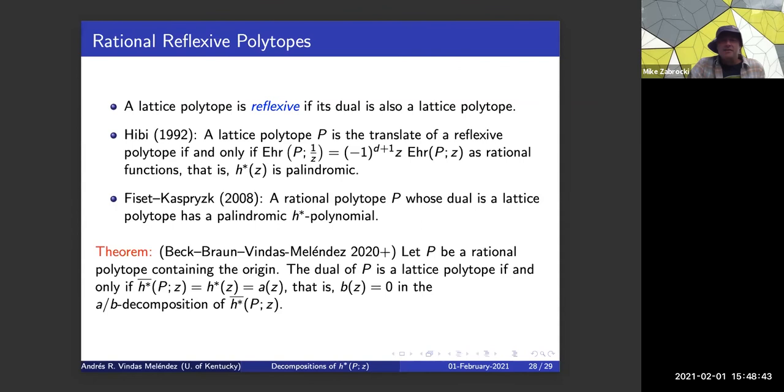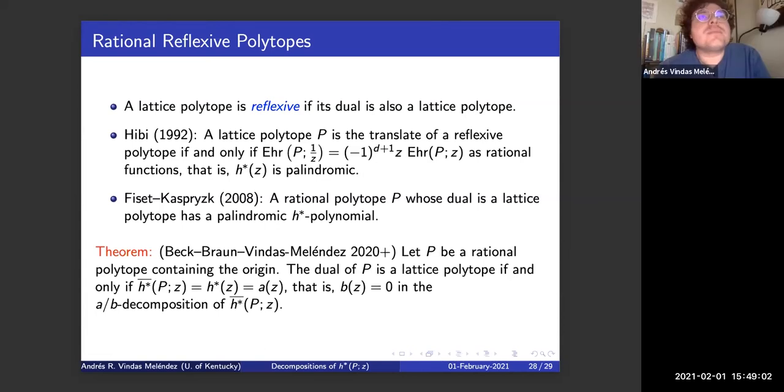Is that an application of this, or is it actually too hard to compute the H star polynomial and its AB decomposition? Or is it much easier to do the first thing anyway?